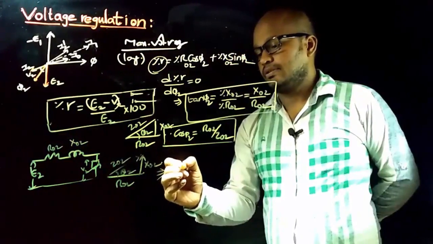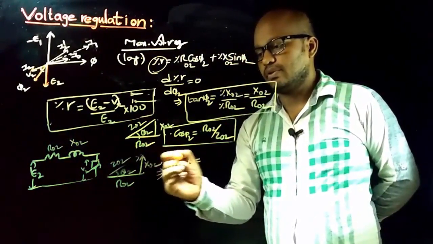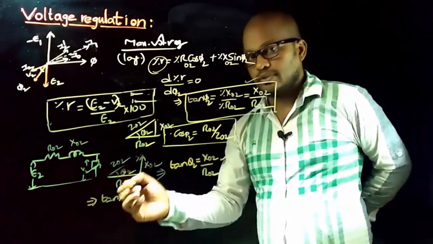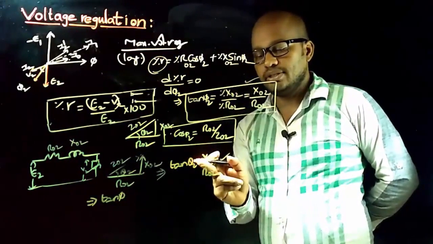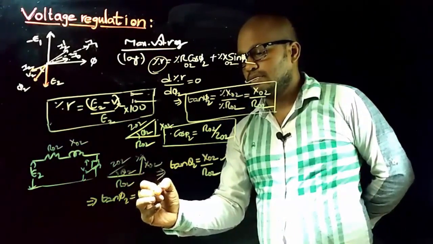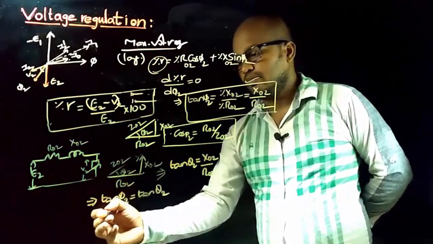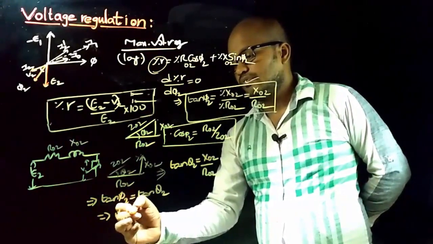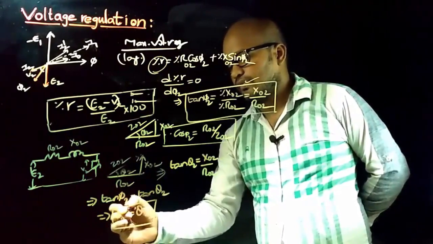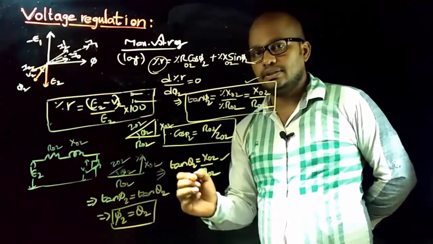That implies tan theta 2 is equal to X02 by R02. By comparing this with this, it implies that tan phi 2 is equal to tan theta 2, which implies the condition for maximum voltage regulation is phi 2 is equal to theta 2.